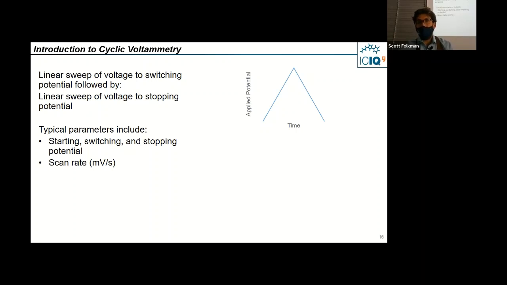If you want to get a more beautiful looking figure, maybe 20 millivolts per second is better. And then in certain cases, you might go as low as 1 millivolt per second, but we can talk about that a little bit more probably next week when we talk about bulk electrolysis.